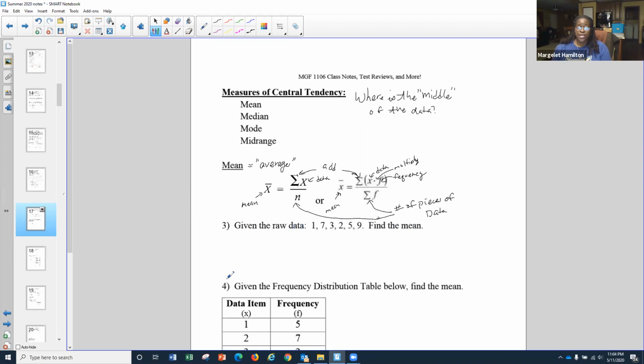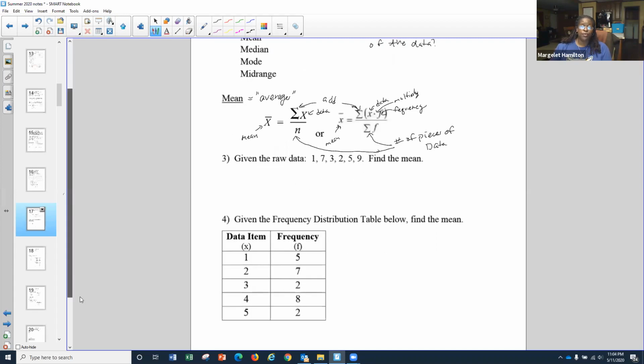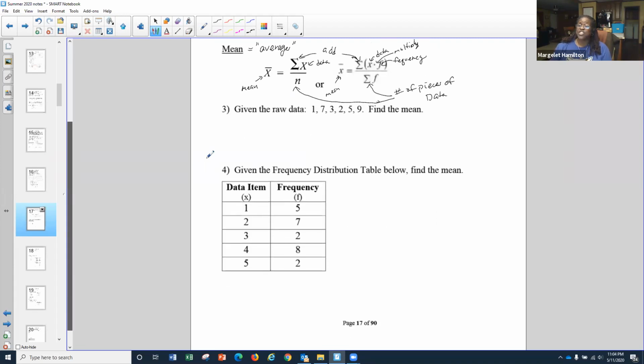First things first, we need an N. Remember, whatever raw data they give us, that's your N. So my N here equals 1, 2, 3, 4, 5, 6. Again, just add that up. So it's 6 here. Now using the formula at the top, X bar equals the sum of X all over N. That's our basic formula when they just give us a list of raw data.